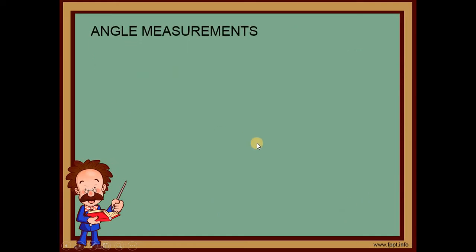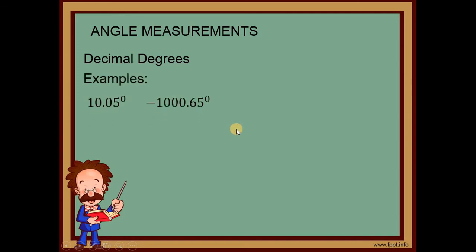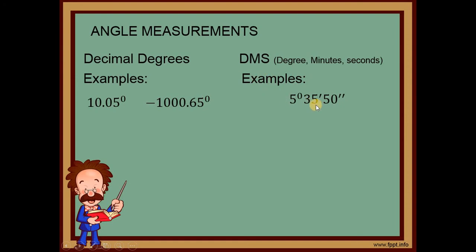Next, we have angle measurements. Ito yung mga commonly na makikita natin na representation ng angles. So we have a decimal degree. Example nito is 10.05 degrees, negative 1,000.65 degrees, and so on and so forth. Also, meron din tayong tinatawag na DMS or degree, minutes, and second form. Example nito ay 5 degrees, 35 minutes, and 50 seconds.